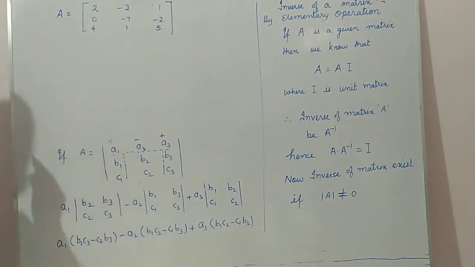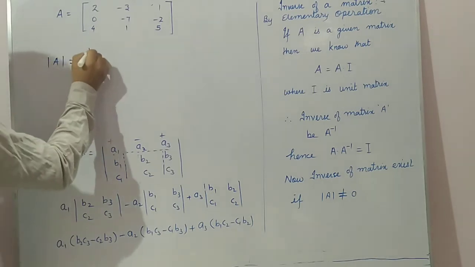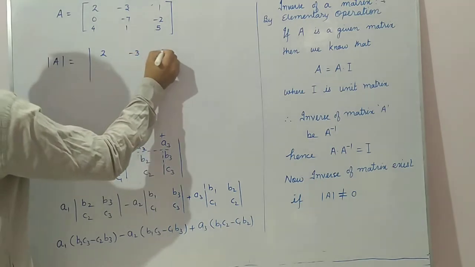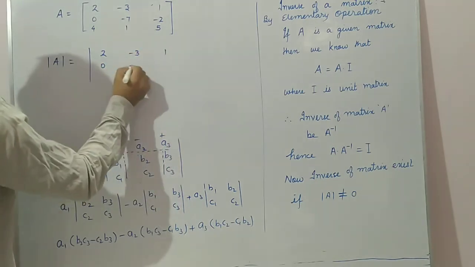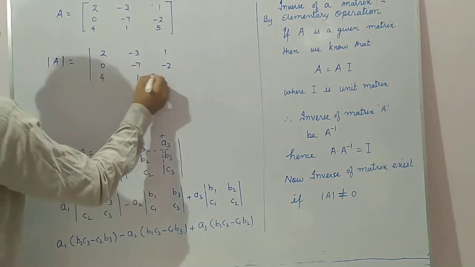Its determinant will be, this is the symbol for the determinant, 2, minus 3, 1, 0, minus 7, minus 2, 4, 1, 5.